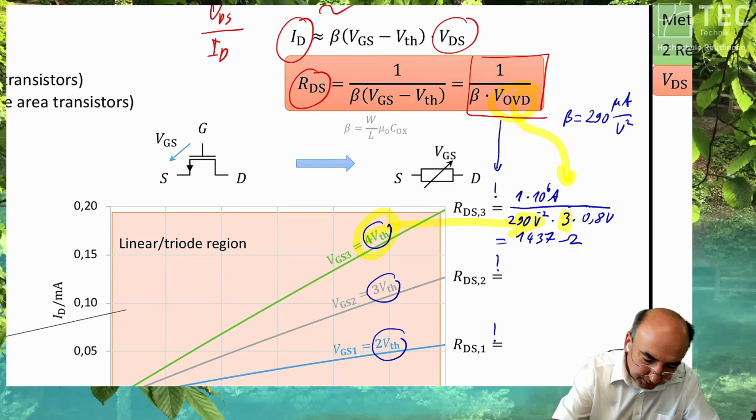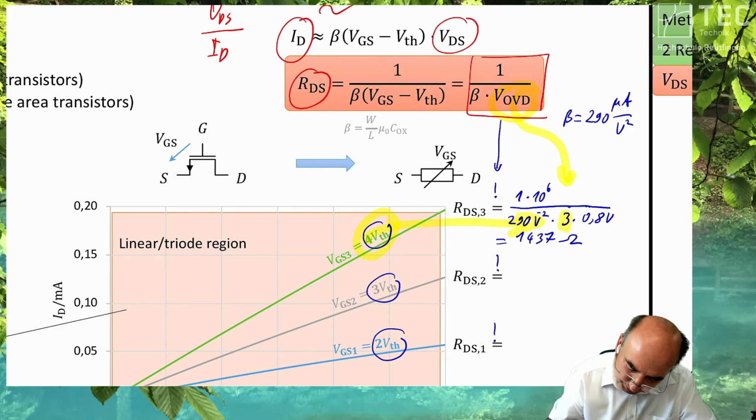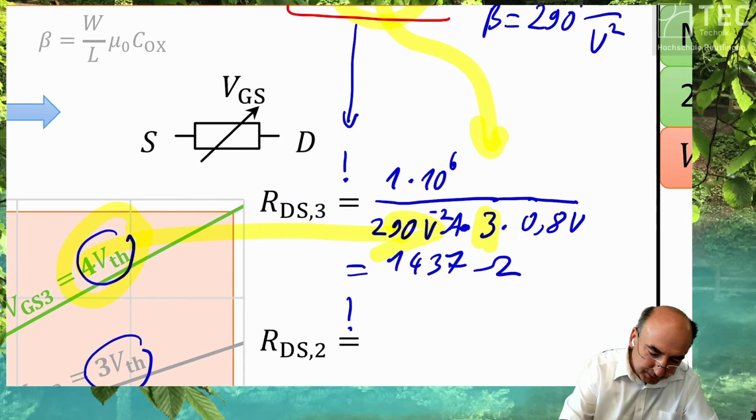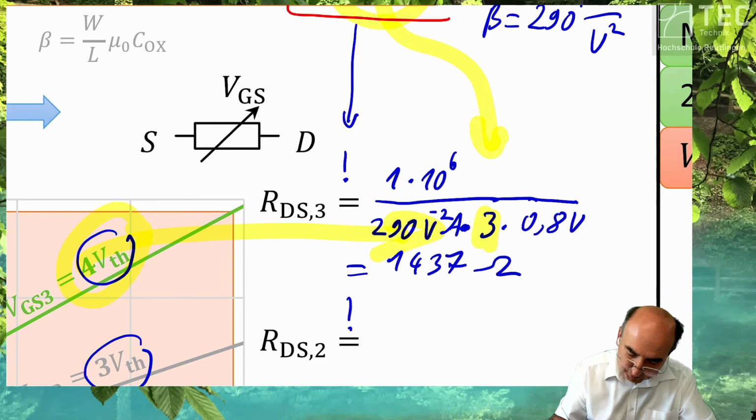I think the units are misplaced here. One second. This ampere keeps to be at the denominator. Now it's correct. Now we have the square.